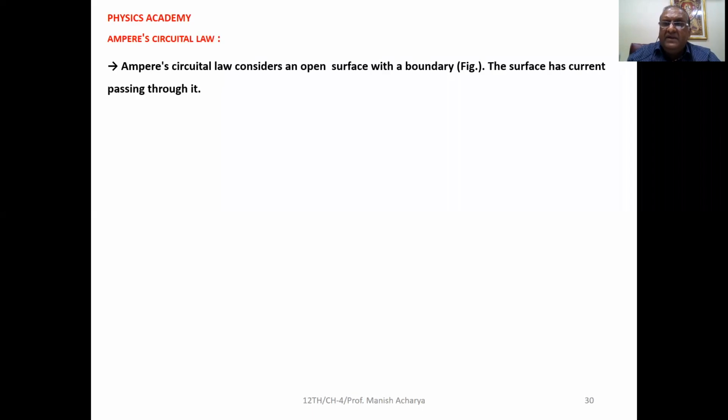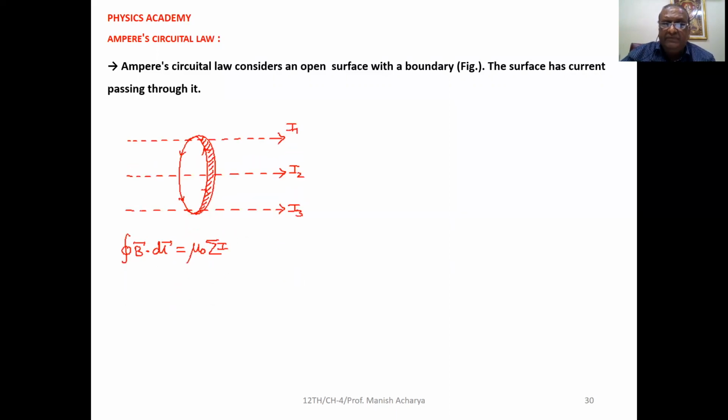And here the currents which are passing through that particular surface, or we can say through the Amperian loop, those currents we have to take in consideration.